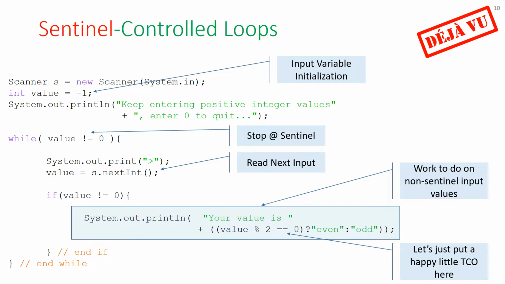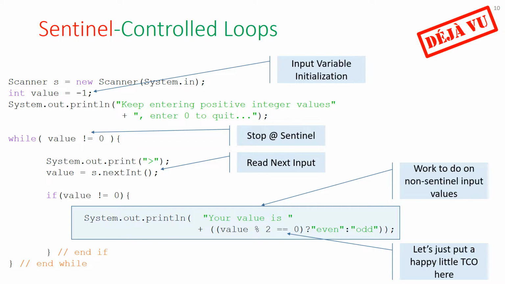While value is different than 0. So if I would have put a 0 here, that while was false, I never even iterated 1 time. So I had to play sneaky here so that this first condition passes, and then I read my actual first value from the user. And then I say if value is different than 0, so if it's not the 0, that means get out, then System.out.println, your value is, with a ternary conditional operator here. Just, why not?